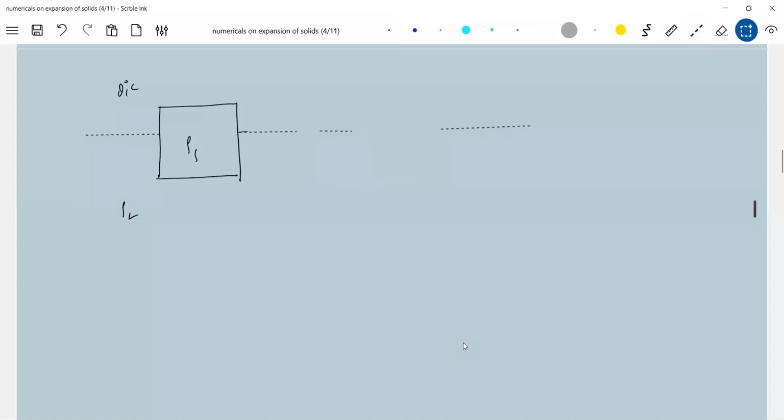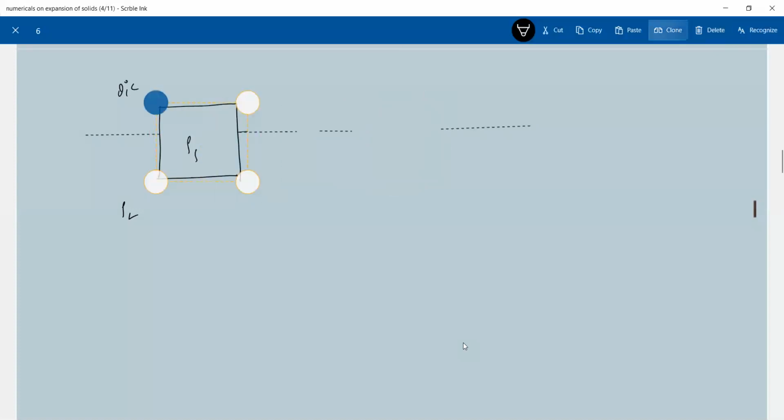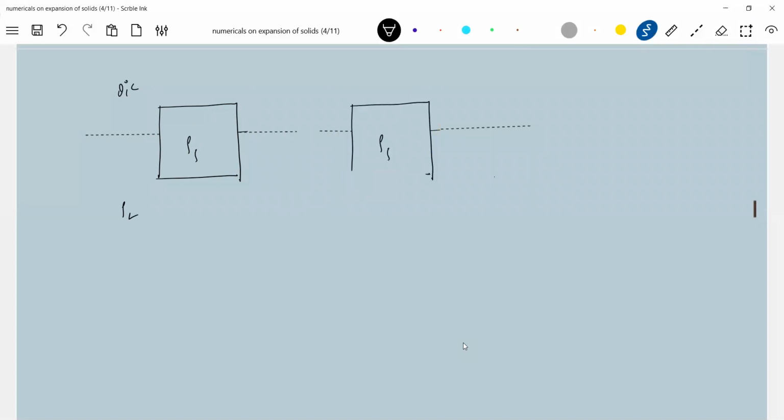It's the same diagram. I'm just showing that one.